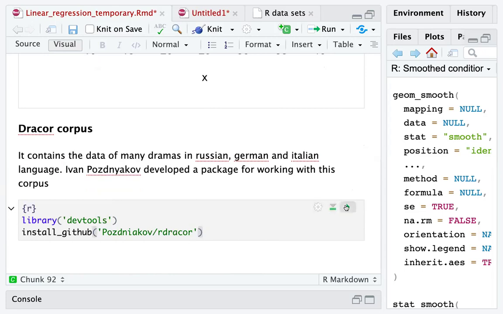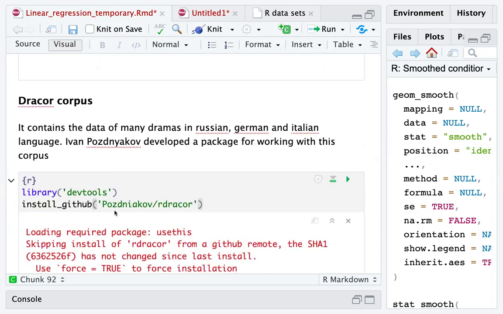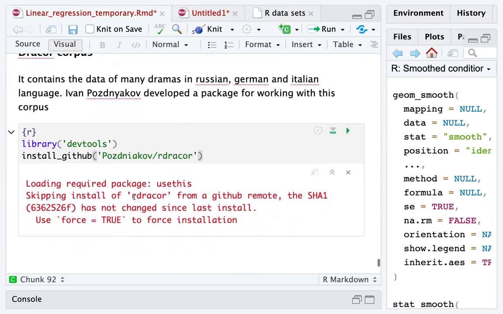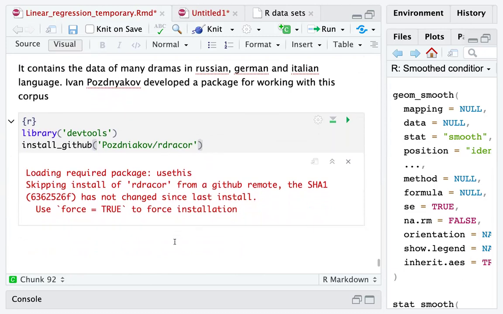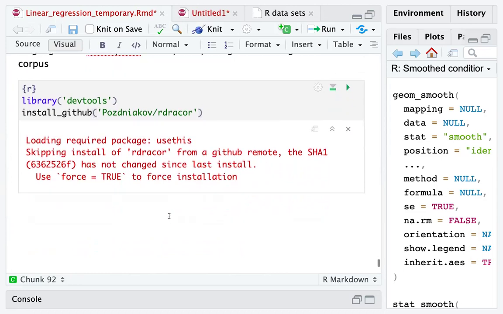So with DevTools, you can install from GitHub. With install GitHub, you install this package AirDraco, and then we can use this package to get the data.